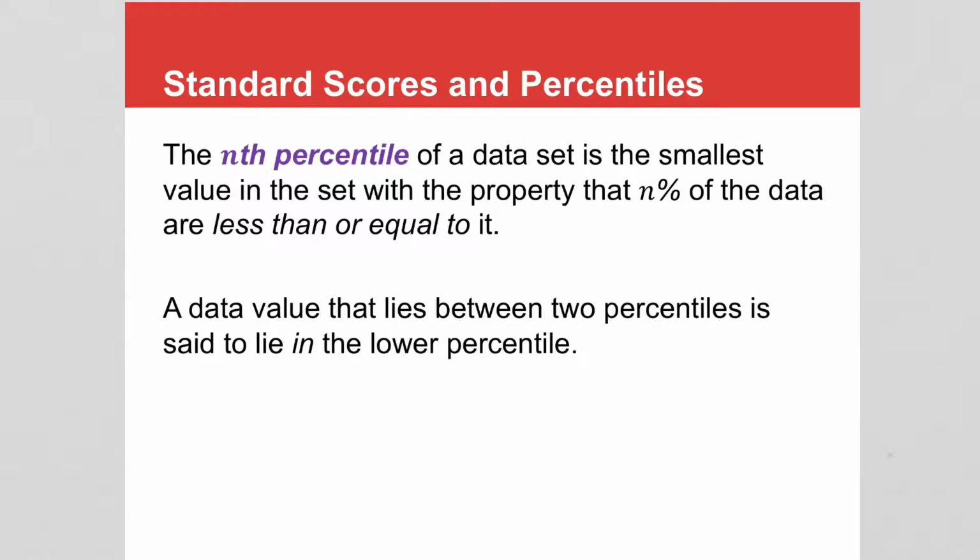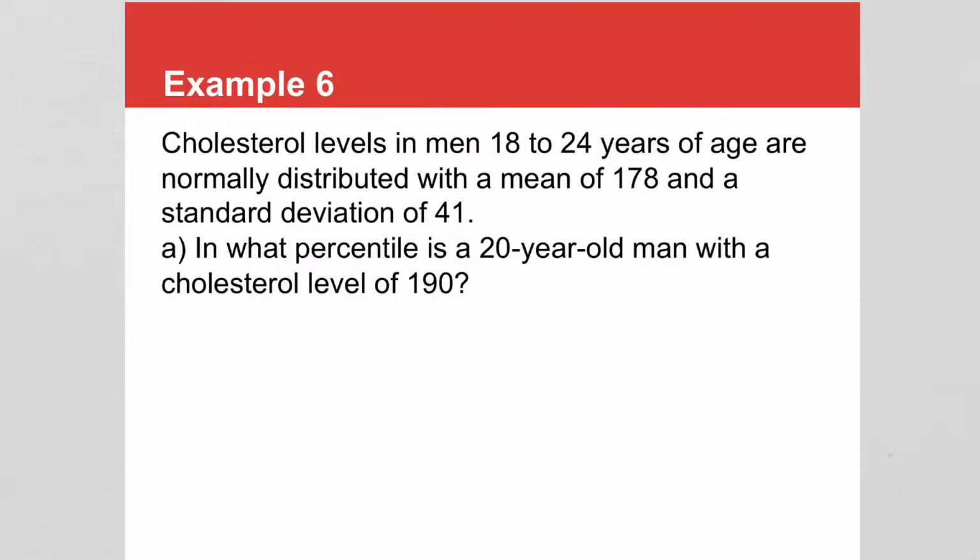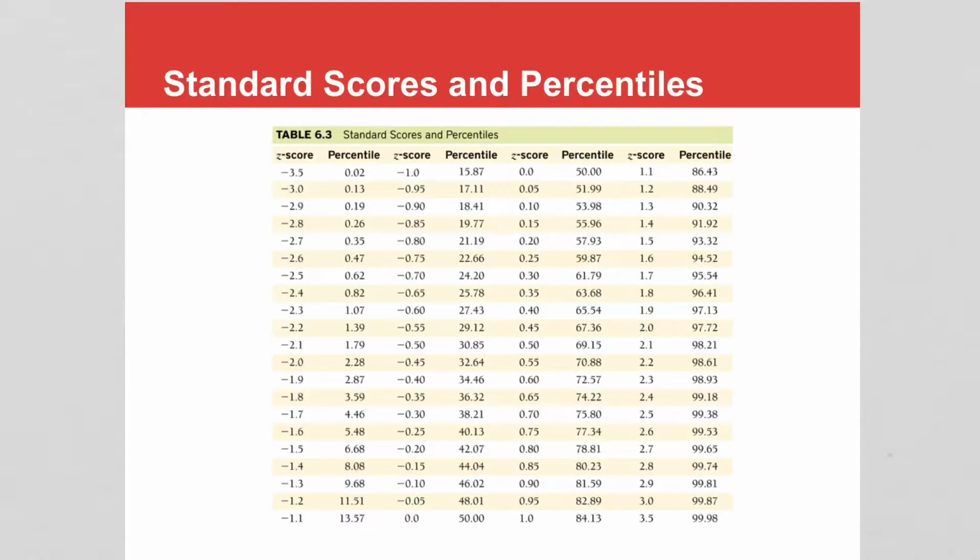The nth percentile of a data set is the smallest value in the set with the property that n% of the data are less than or equal to it. A data value that lies between 2 percentiles is said to lie in the lower percentile. We'll come back to that. So actually, let's talk about this.